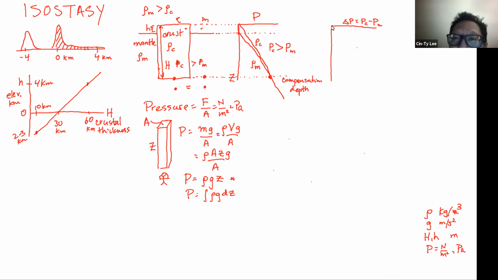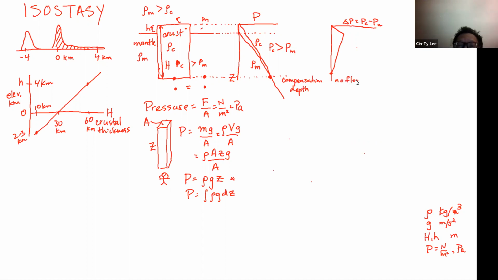As I said, it starts off with a zero pressure difference at the top of the crust. The pressure in the crust is greater than that in the mantle, and it will look something like that. And it will collapse to zero at the compensation depth. Okay, so this is the lateral pressure gradient. Down below here, no flow.